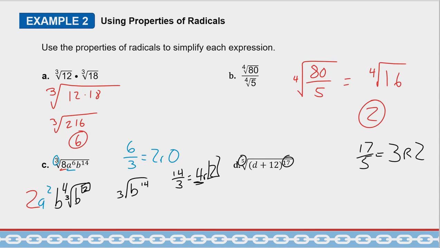So you are going to have d plus 12 to the 3rd from this number on the outside, and then the 5th root of d plus 12 squared from this number on the inside. I am not asking you to multiply out the d plus 12 to the 3rd.